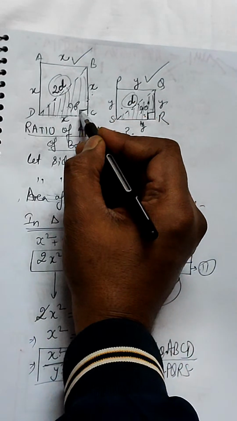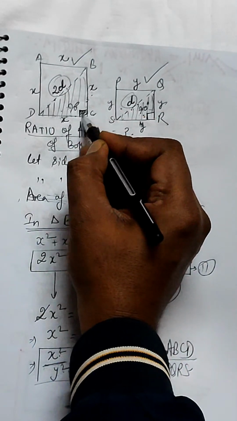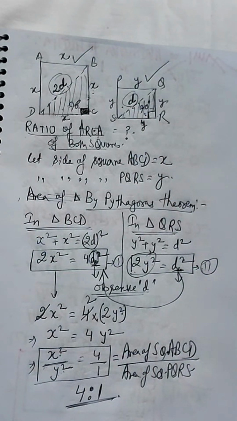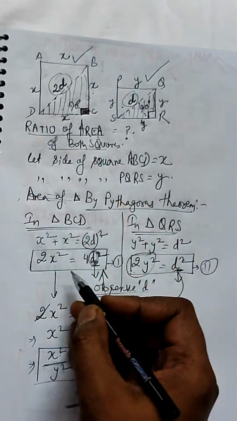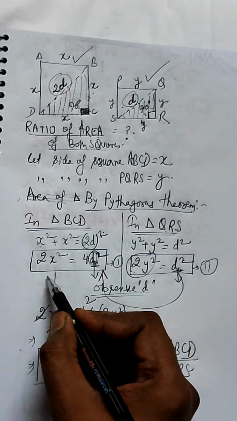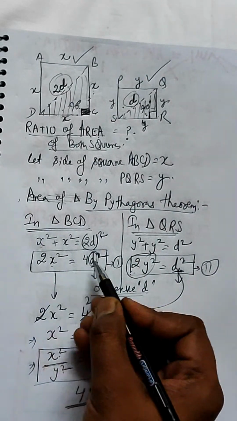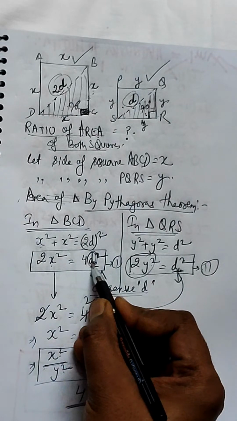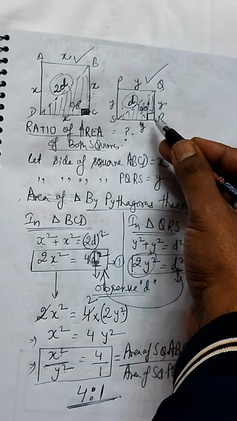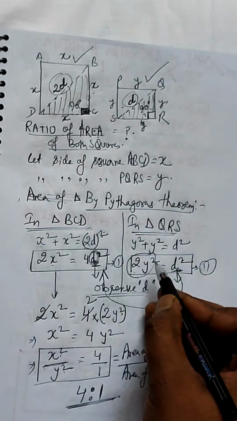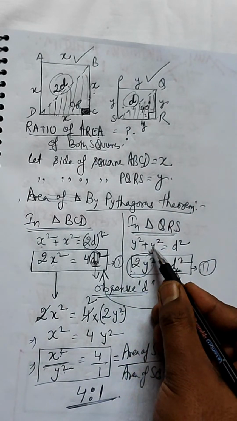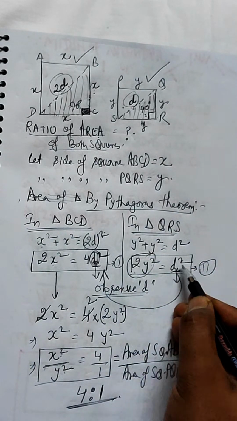We can apply Pythagoras here because adjacent sides of a square are at 90 degrees. So we get 2 times x square equal to 4 times d square. Similarly, applying Pythagoras on the smaller square, y square plus y square equal to d square, resolving as 2y square equal to d square.